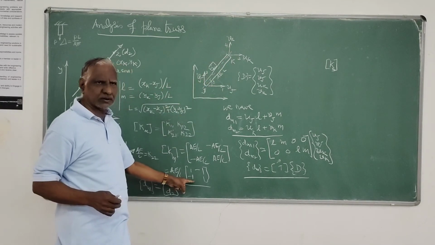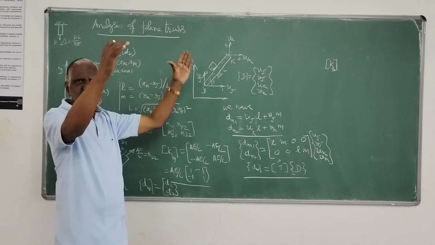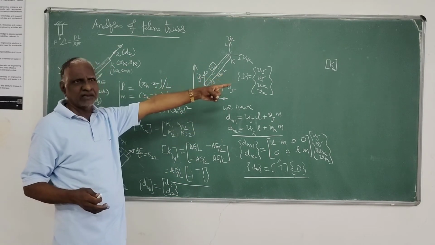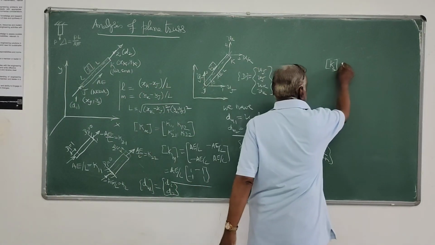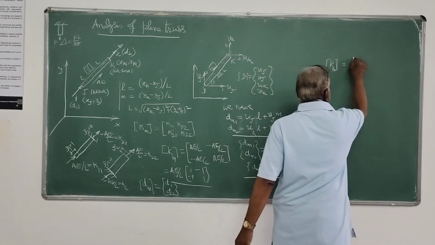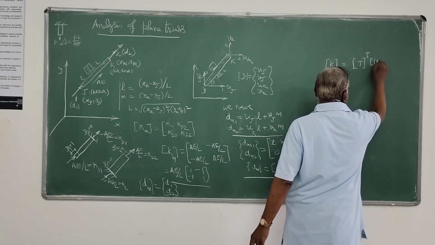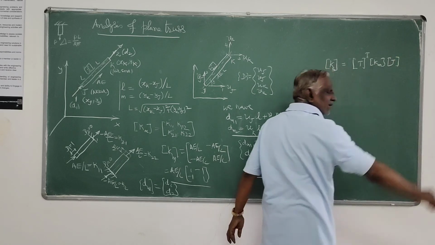It is not 2 by 2, because here there are 4 degrees of freedom, so it has to be a 4 by 4 matrix that we have to determine. That's another important basic concept. You can straight away remember that the global stiffness matrix is given by the formula T transpose into member stiffness matrix into T. That's all.